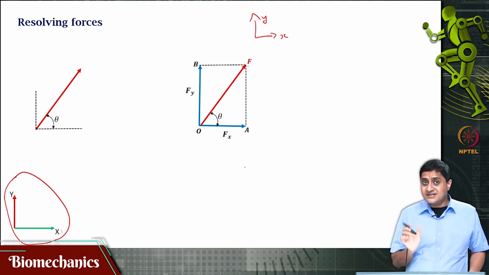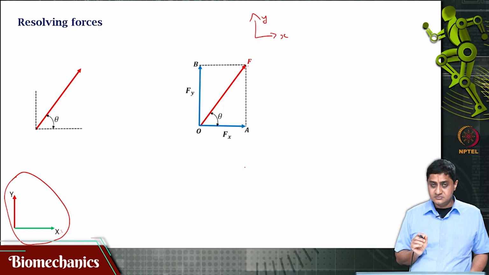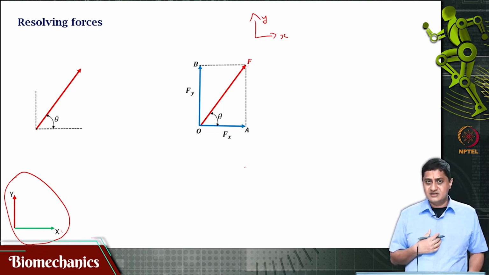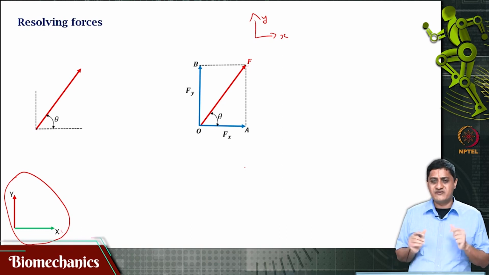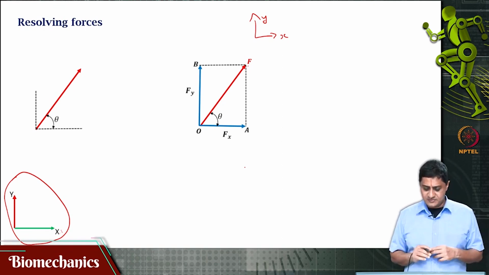So at an angle of theta to the x axis, this force F is acting. Now I would like to know the components of this force along the x and y axis, or I would like to resolve this force into its components.